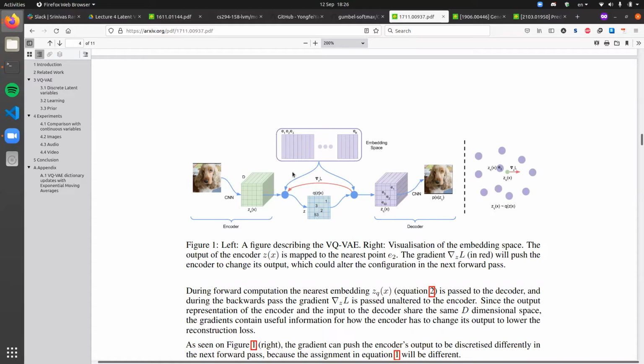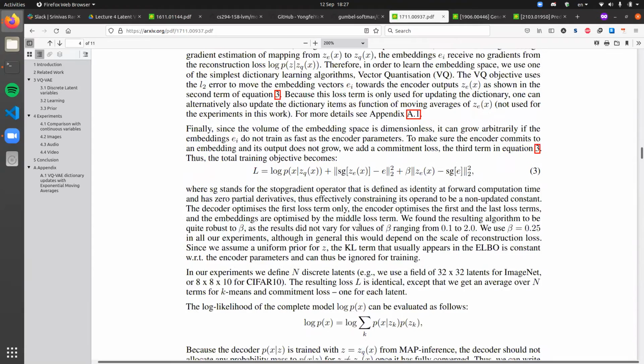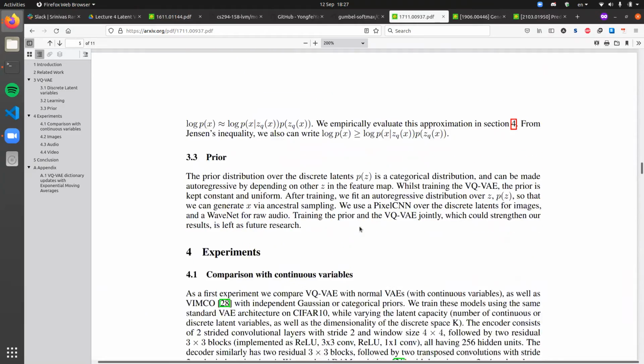And you can see the connection here. Once again, we can use a model to learn our latent distribution and sample from it. And that's what we do in this case.